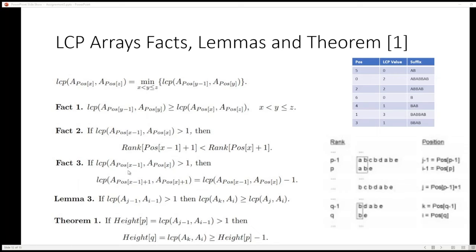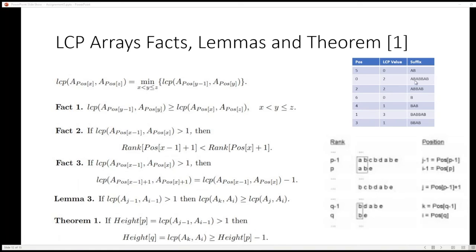So from the previous fact, we can see that if we move to the next position in the text array, then the LCP between those two elements will be 1 less than the LCP between the consecutive suffixes in the suffix array.